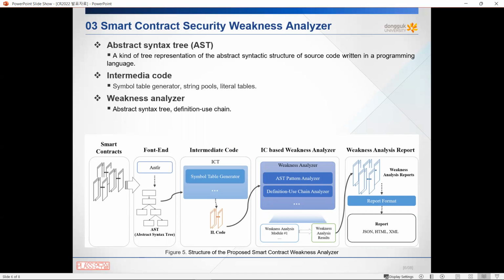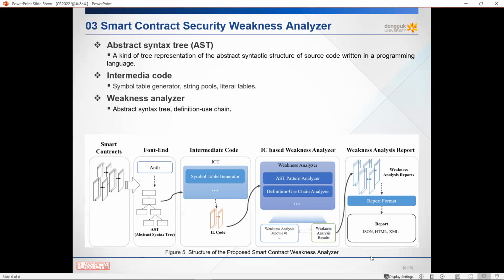AST nodes are created by the ANTLR library after removing unnecessary nodes from the parse tree, and hold the static information necessary for the security vulnerability analyzer, improving memory and time efficiency when analyzing security vulnerabilities.